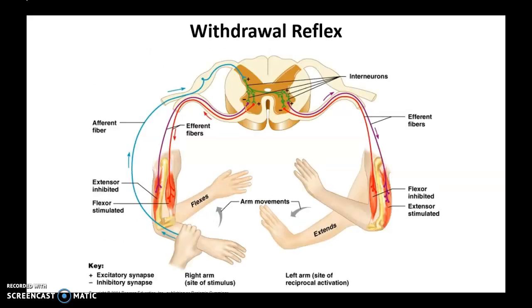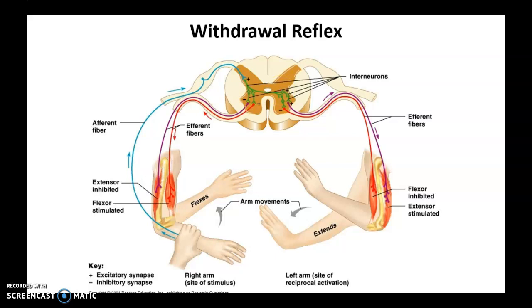Moving on to withdrawal reflex. Now, withdrawal or flexor reflex is a polysynaptic reflex arc, meaning it has interneurons involved. And you can see the interneurons, the green neurons located or fully contained within the spinal cord.